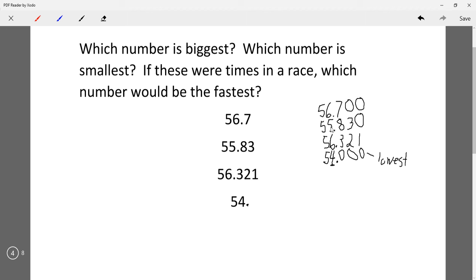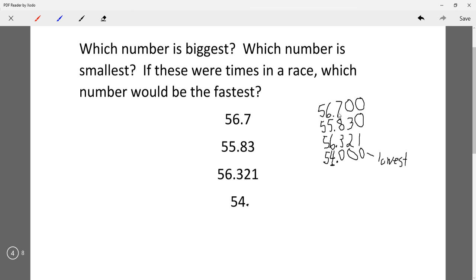Now, we know that the 55 number is the next lowest, and then these two, the 56s, we have to figure out which one's the biggest. Now we go to the next number, and we have the 7 and then the 3.